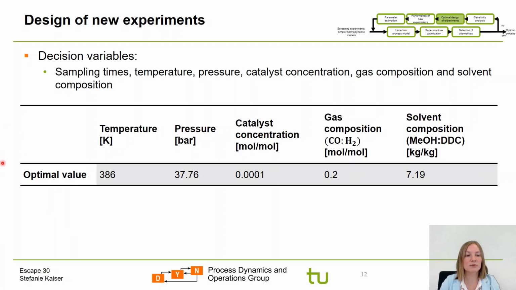Here I showed you the result of the designed experiments, and one can see that a low CO2/H2 ratio is chosen. So hereby the reaction that was determined as uncertain or as relevant in the sensitivity analysis can be identified better.